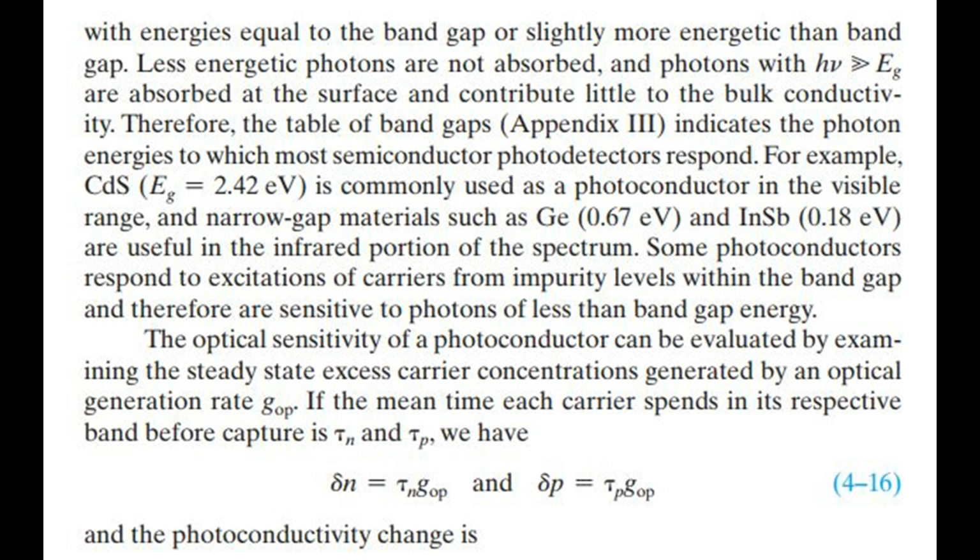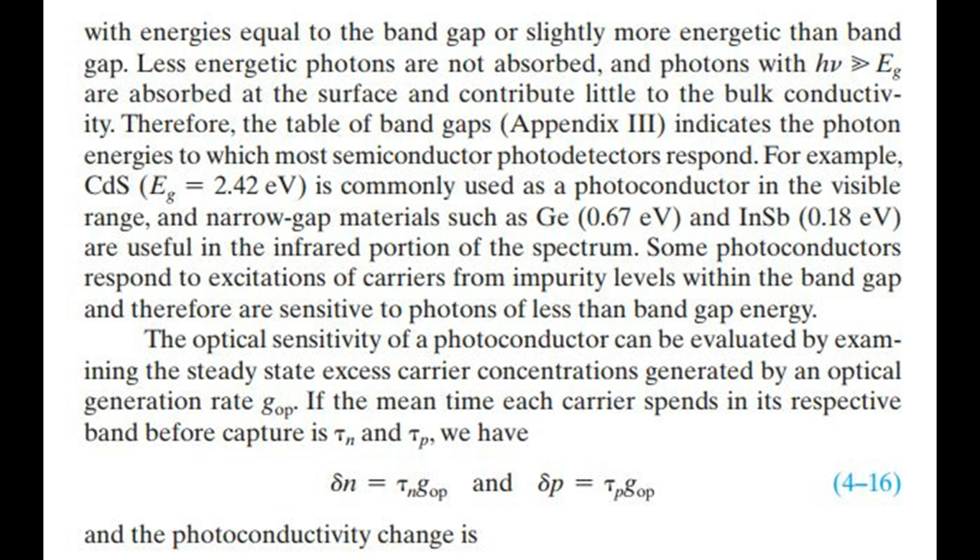The optical sensitivity of a photoconductor can be evaluated by examining the steady-state excess carrier concentrations generated by an optical generation rate G_op. If the mean time each carrier spends in its respective band before capture is the electron lifetime and the hole lifetime, we have the excess concentrations, and the photoconductivity change is given.